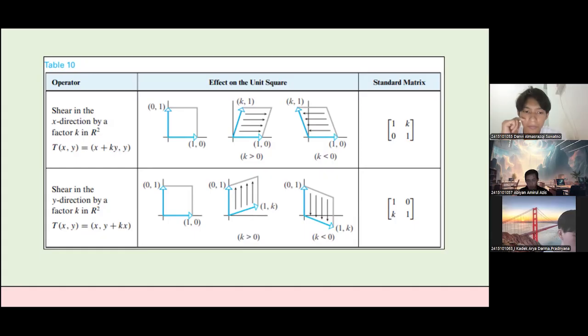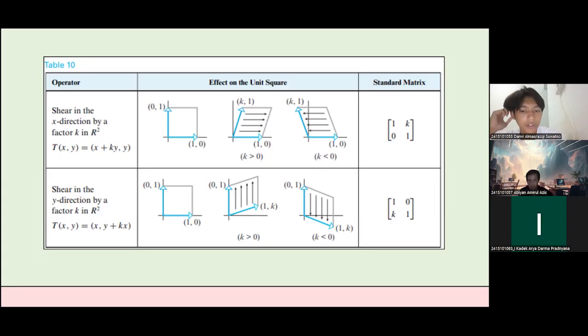And then there's shear in the y direction by a factor k, especially in R2. So T(x, y) will be (x, y plus k multiplied by x). What does it mean?